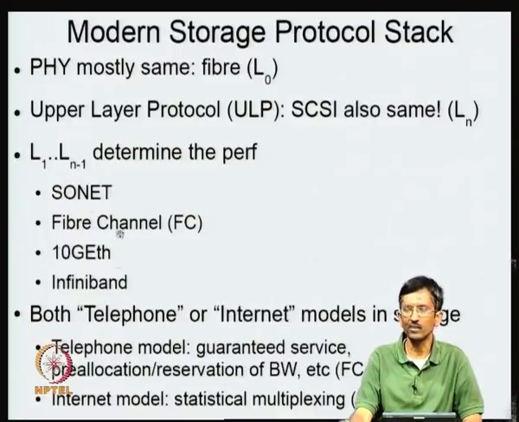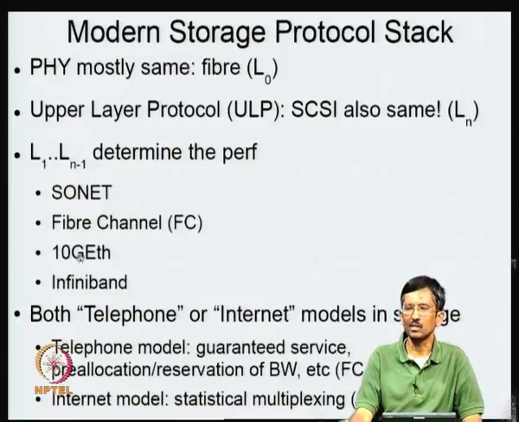So what are the in-between things that finally determine the price and, let us say, the performance of the system. So various protocols have been attempted in the past. For example, I will not go into it, but this has been attempted, something called SONET. Now, Fibre Channel has been quite heavily used in enterprise systems.